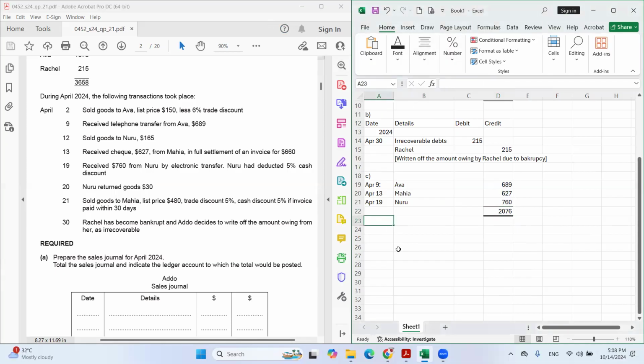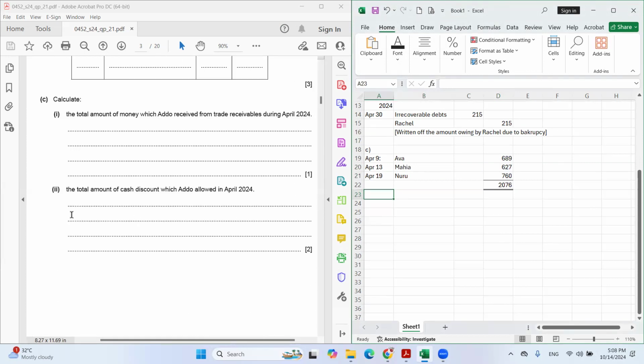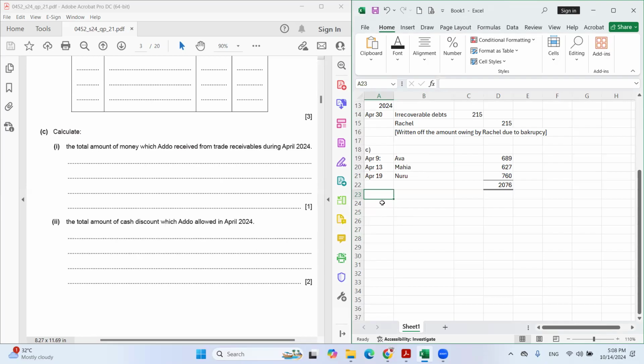Okay, now the next one, question number 2, the total amount of cash discount. Since they're asking about the cash discount, for all the payments on this sheet you need to see which are related to cash discount.